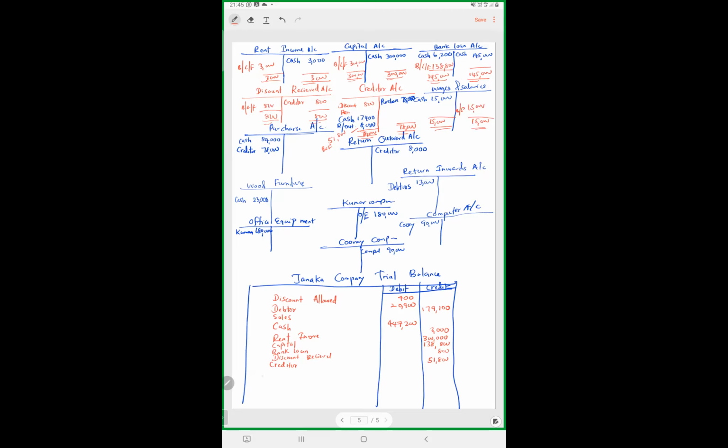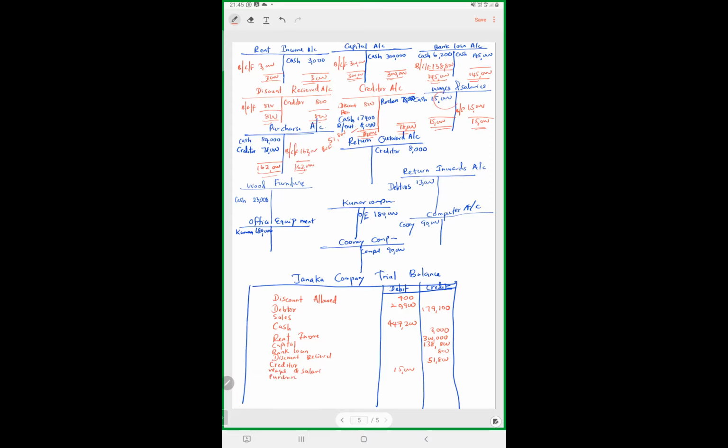BCF wages and salaries. You may see that is actually the debit side 15,000. Right. Then purchase account 162,000.